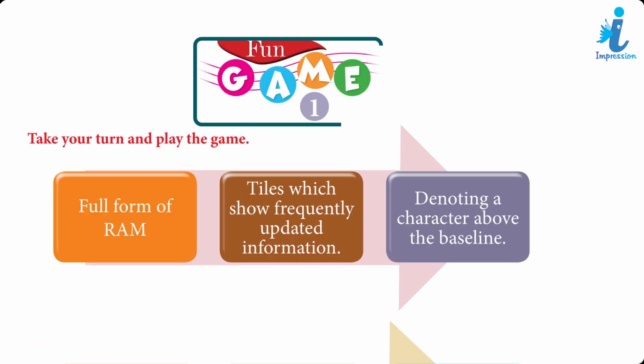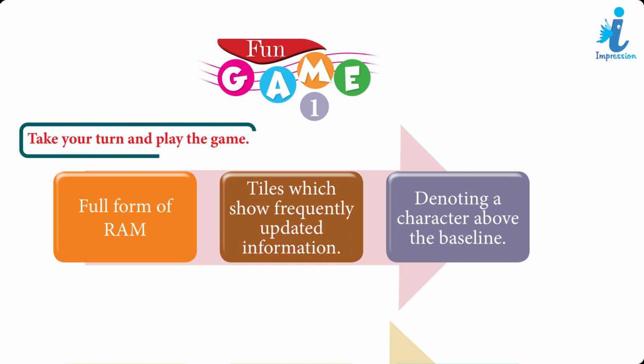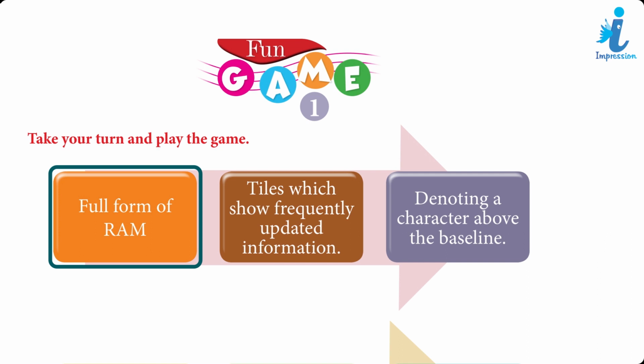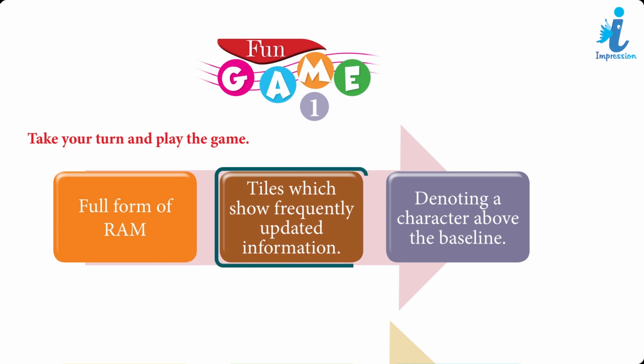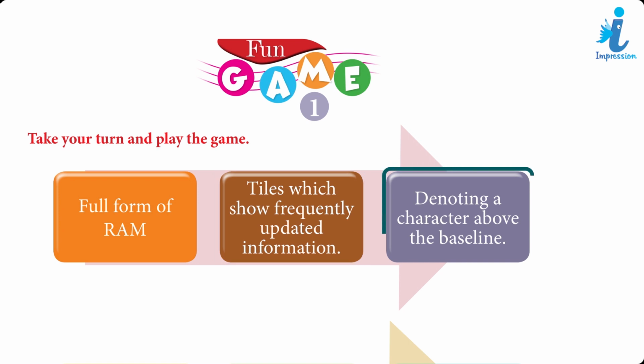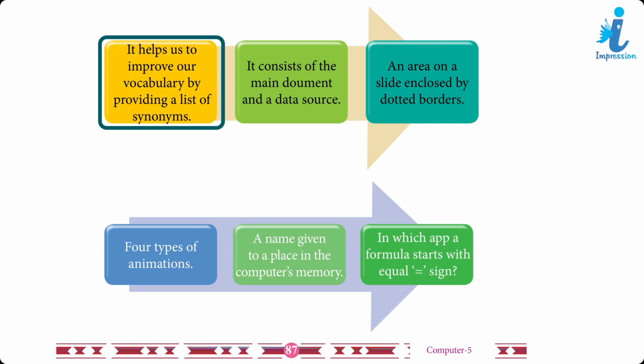Fun game. 1. Take your turn and play the game. Full form of RAM. Tiles which show frequently updated information. Denoting a character above the baseline. It helps us to improve our vocabulary by providing a list of synonyms.